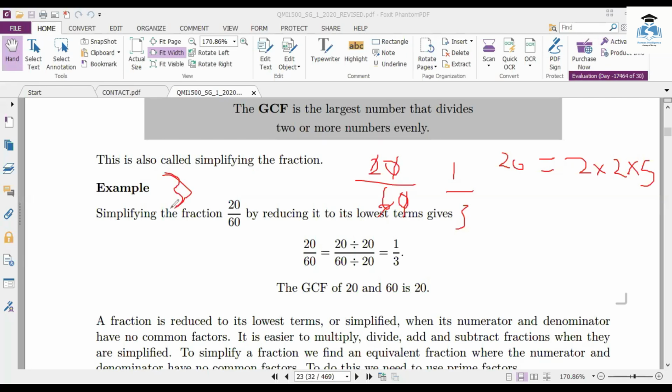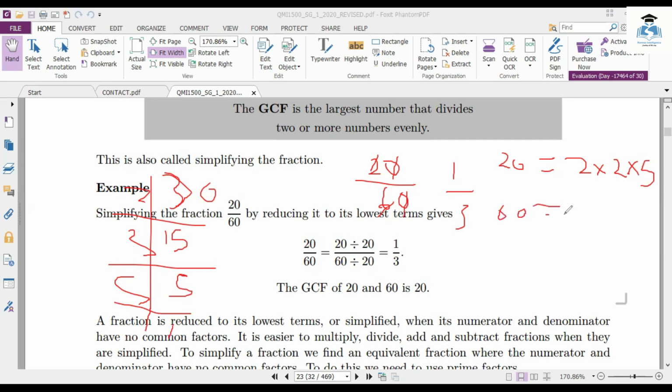we do the same. 2 into 30, 15. The other one, 3 into 15, 5. 5 into 5, 1. Right. So we've got 60 is equal to 2 times 3 times 5.